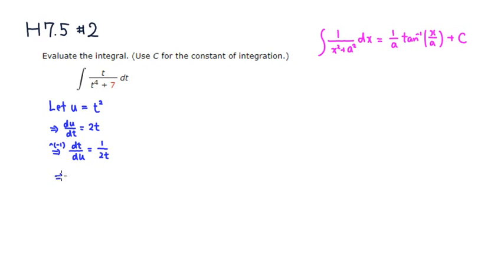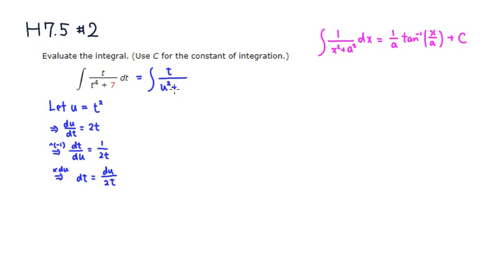Then we can just multiply through by du so that we have an expression for dt. dt is equivalent to du over 2t. So we can rewrite this as, I'm going to leave t on top as t for now. t to the fourth, since t squared is u, so t to the fourth is u squared.